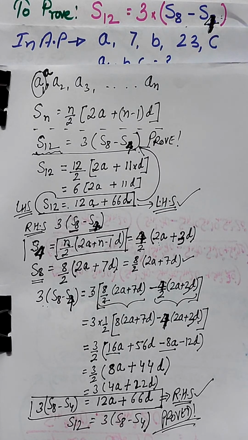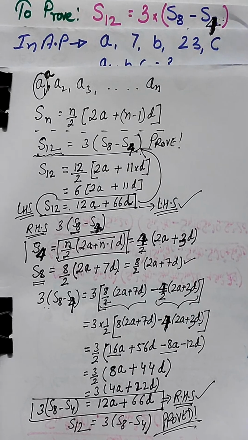So the value of A and D can vary depending upon that particular arithmetic progression. It can be anyone, but this is a standard derivation or proof which we have made, that is S12 equal to 3 times S8 minus S4. That's simple.